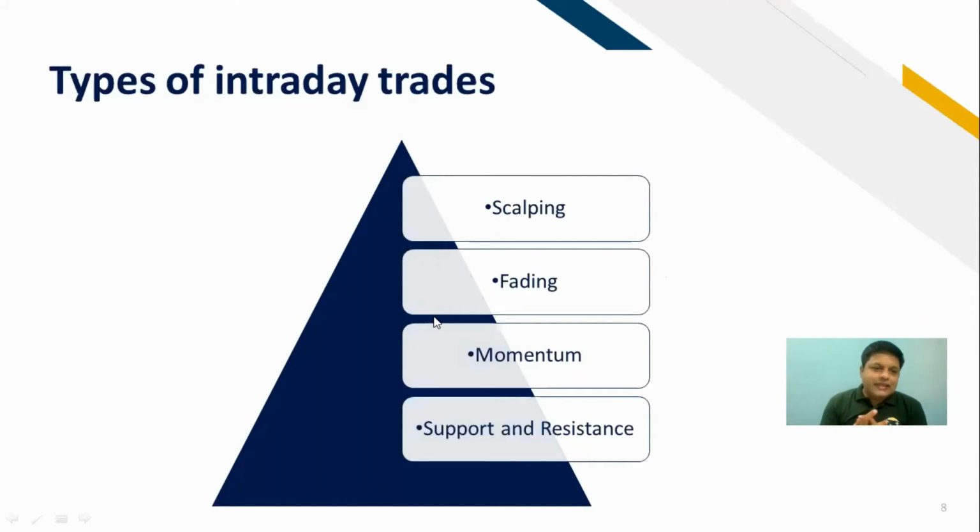Now many of you might be asking, sir, why is there no breakout trade? We have all heard about the breakout trade at some point: I got a breakout, the price suddenly went up, suddenly fell down, breakout and breakdown. So why is that name not there?